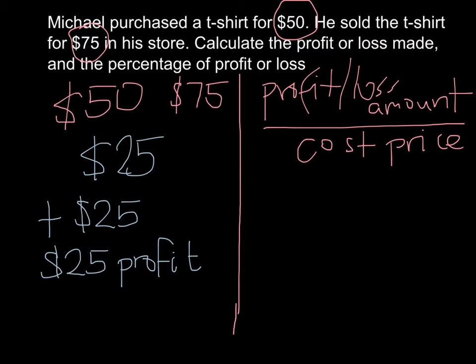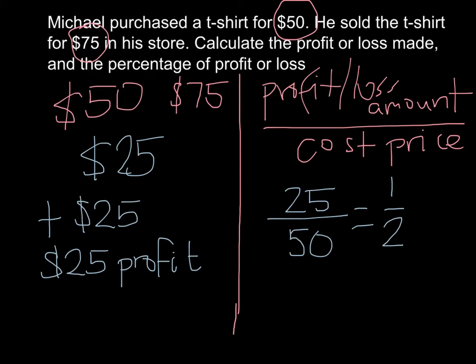In this case, Michael made a $25 profit, and the original or the cost price of the t-shirt, the price he paid, was $50. We can simplify this fraction into a half.